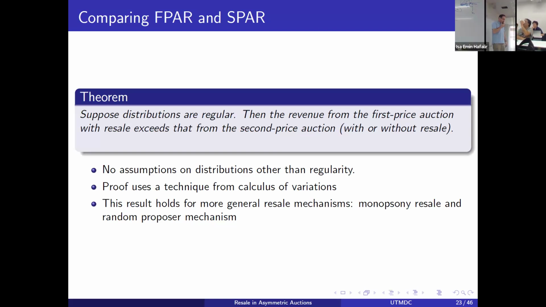But anyway, we realized that we are able to find the revenue in first price auctions with resale, and we were comparing it with second price auction and second price auction with resale, expecting that for some values one is going to be better, for other values the other.